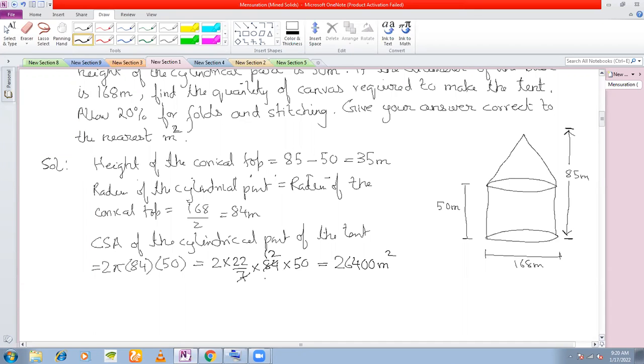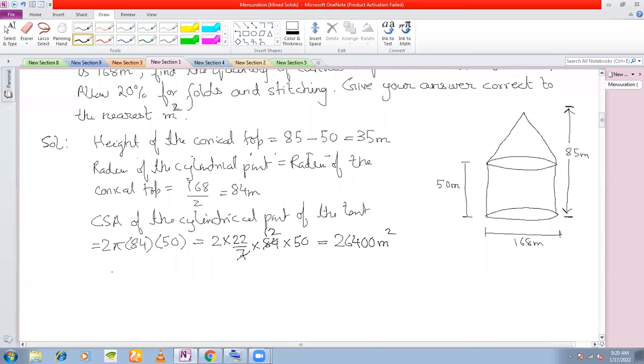Now we don't know the slant height of the cone. Therefore, we shall first calculate the slant height of the cone. So slant height L of the conical part is given by L square is equal to R square plus H square.